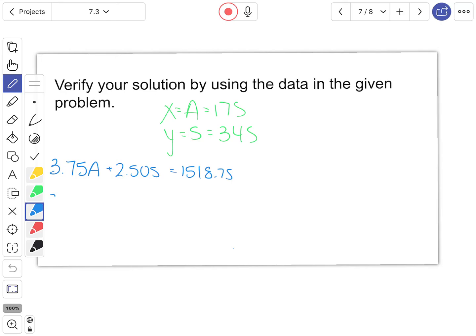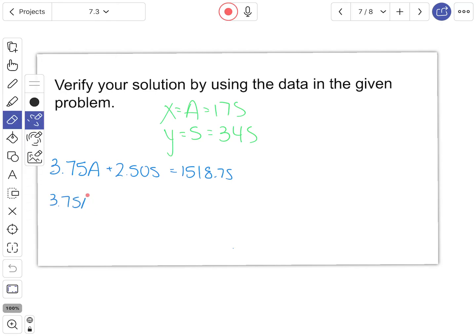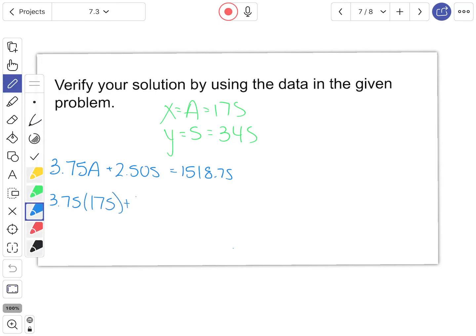Subbing in what we know, we have 375. I meant to sub in my value for a here. 175 plus 250, 345 equals 1518.75. All right, 375 times 175.